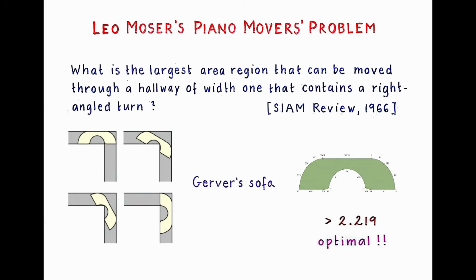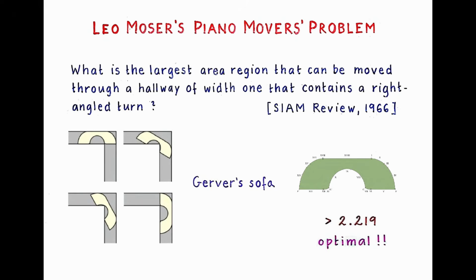What we know is that if you only want to turn right, then actually you can get a larger shape, and the area of that shape is bigger than 2.219, and this is Gerver's sofa. You can imagine that you have a sofa like that. So probably that's why the problem changed its name.